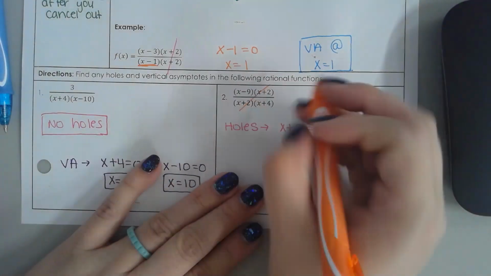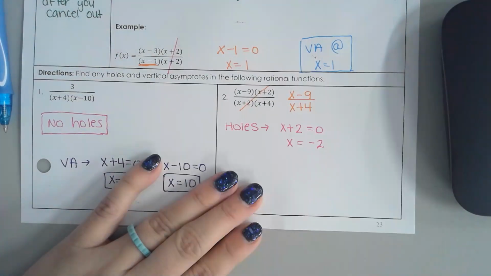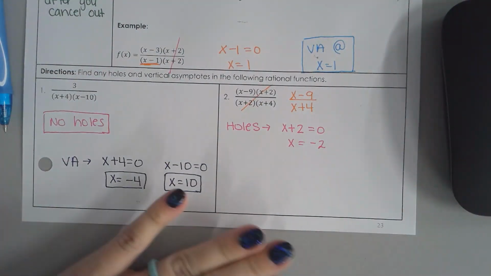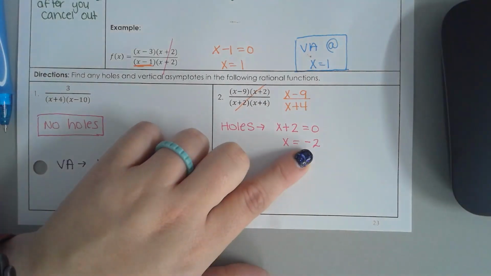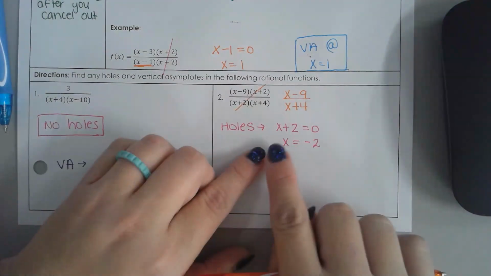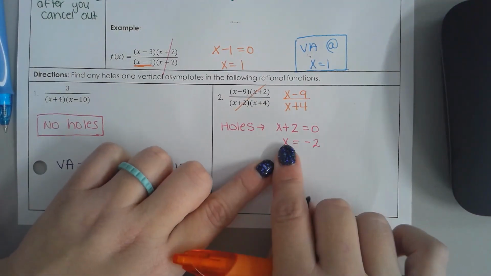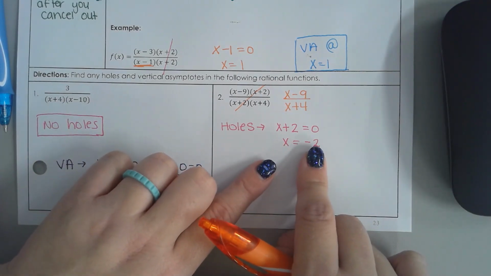Now when I cancel those out, I'm left with x minus 9 over x plus 4. So I'm going to need to plug that -2 back in to get my y value. Again, holes, sometimes you'll see it stop. Sometimes you'll see x equals -2. Sometimes you'll see the coordinate. So we're going to practice doing both.